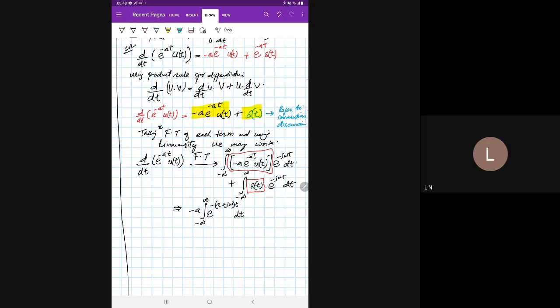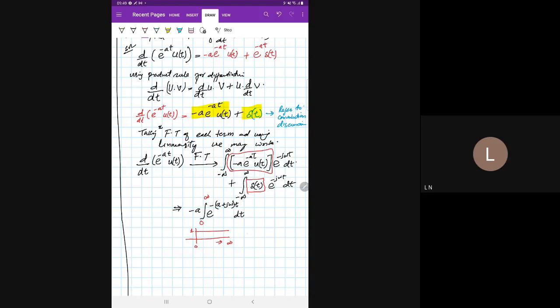And if we apply u of t equal to 1, then our limits will also change from 0 to infinity. Why? Because u of t is defined from 0 to infinity, and its magnitude is equal to 1.